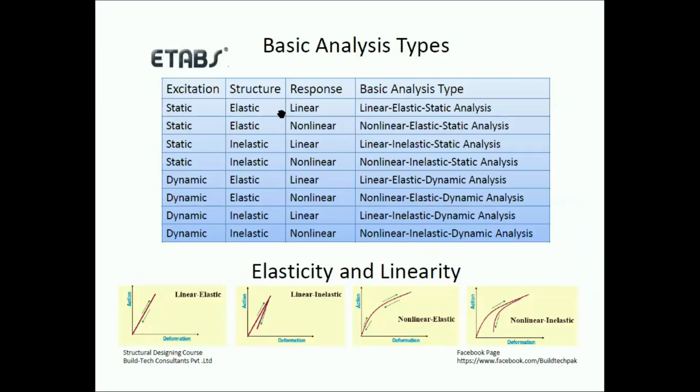अच्छा जी, ये हमने analysis की types पढ़ी थीं. These are the different possible analyses. जिस तरह आपके पास static हो सकती है, non-linear हो सकती है. The difference in static and linear is being shown here. What is meant by linear and what is meant by static? Static means the load is applied at once, यानी उसकी आपने एक value apply कर ली and the intensity is not changing with time. Dynamic means with the passage of time the load intensity is changing.